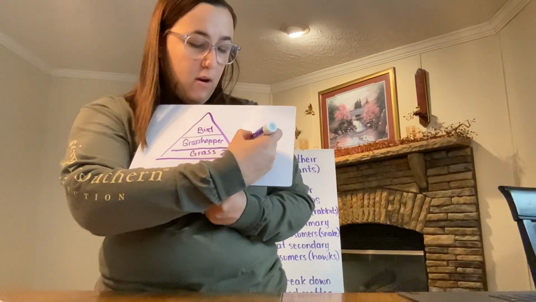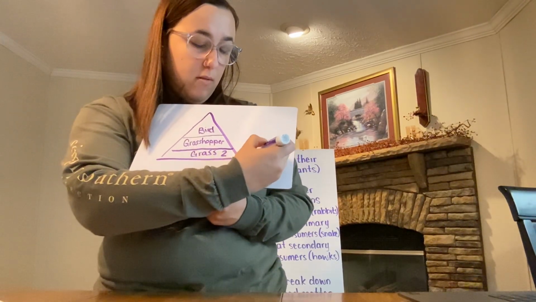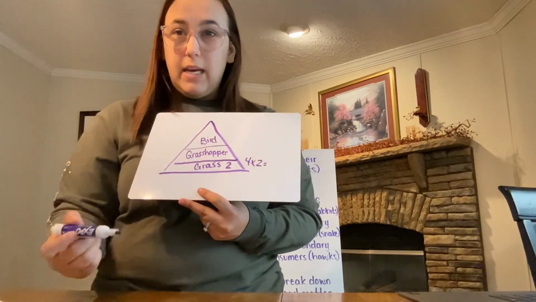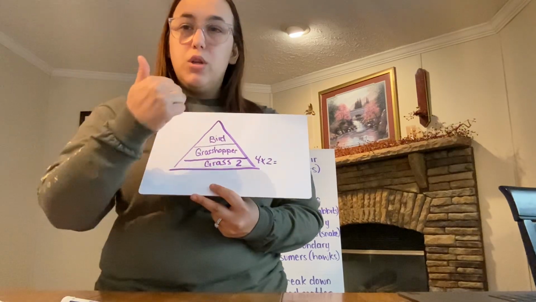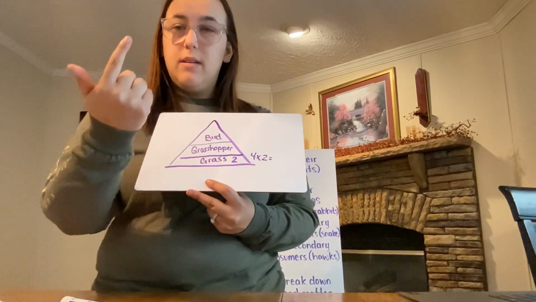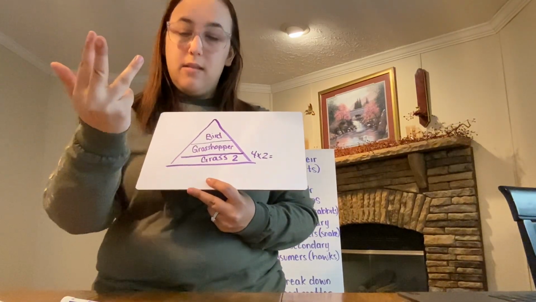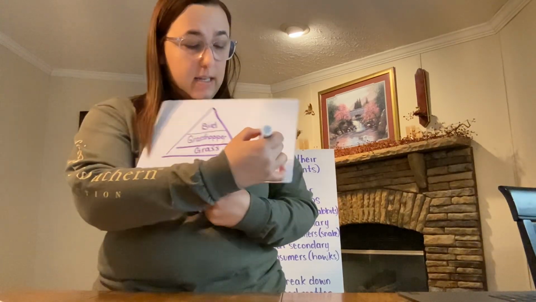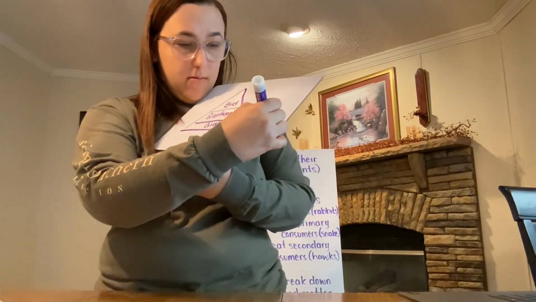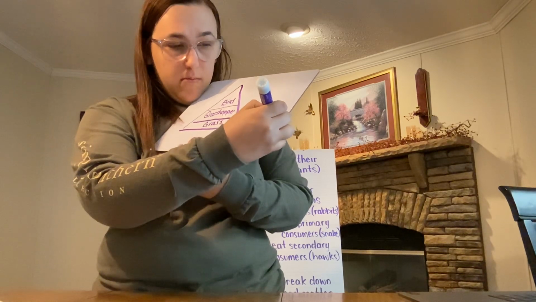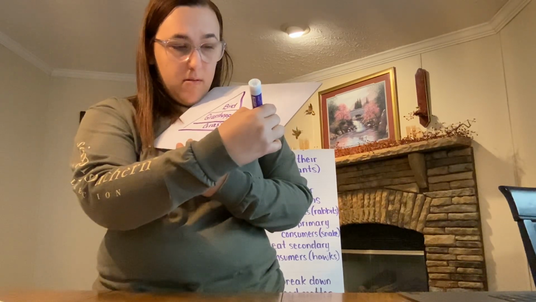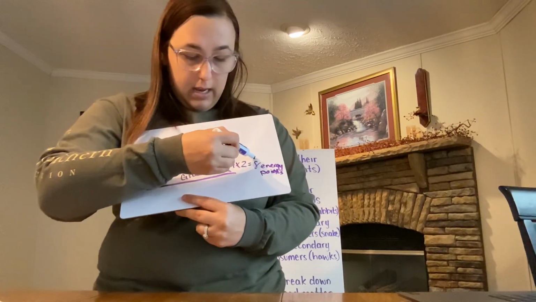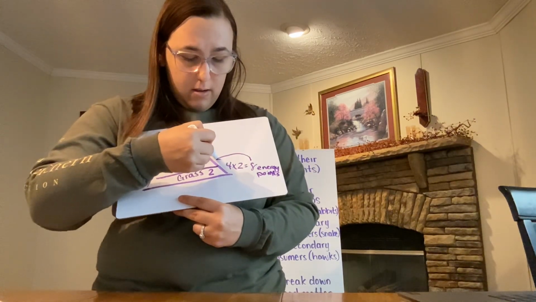So 4 times 2 is, we can use skip counting again. So we can do 2, 4, 6, 8. So our grasshopper would receive 8 energy points. Energy points. So then it will transfer up here.